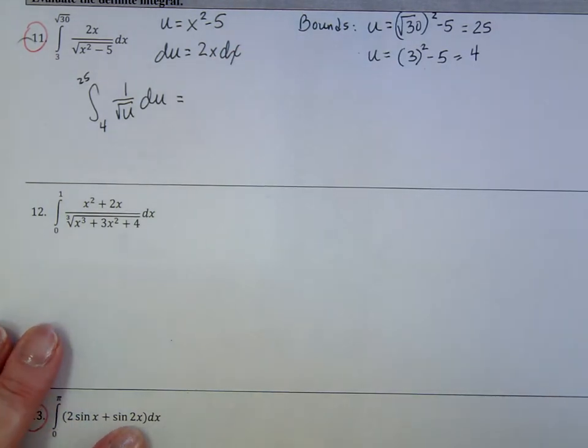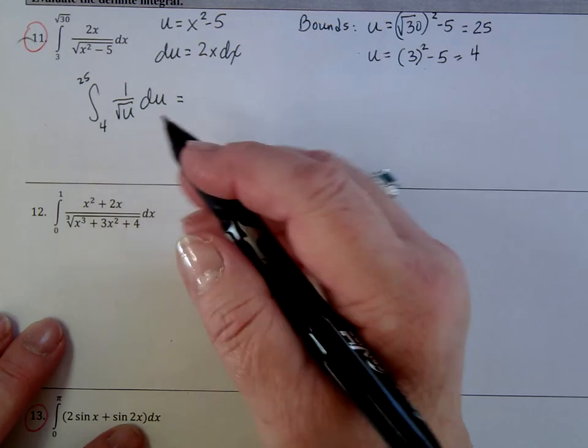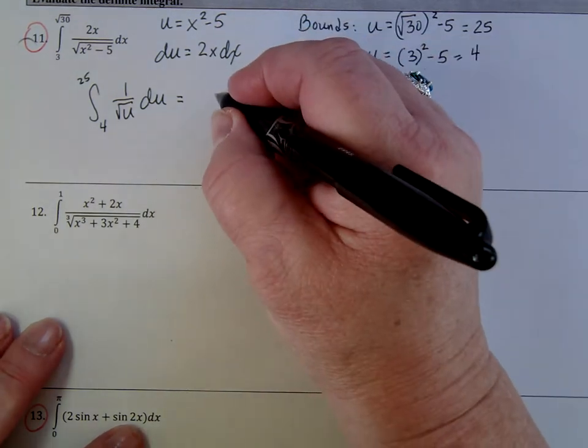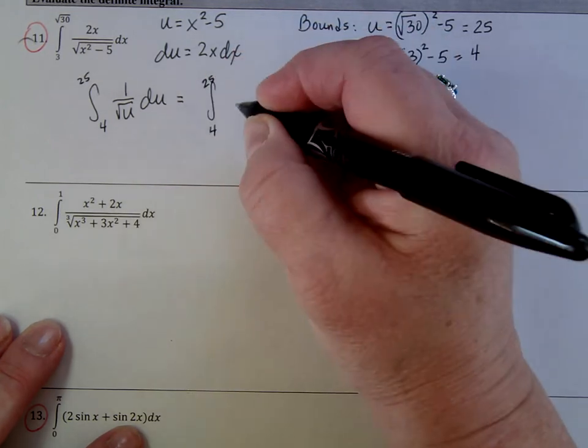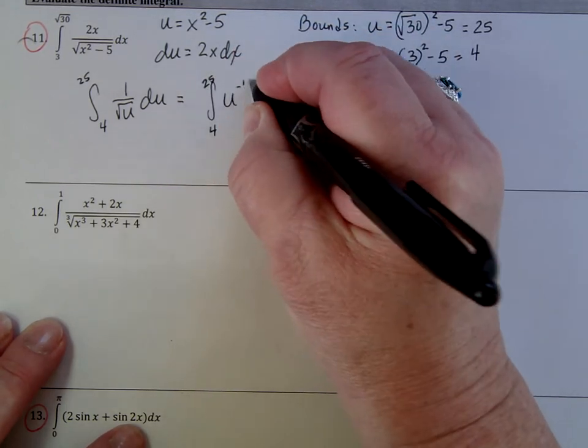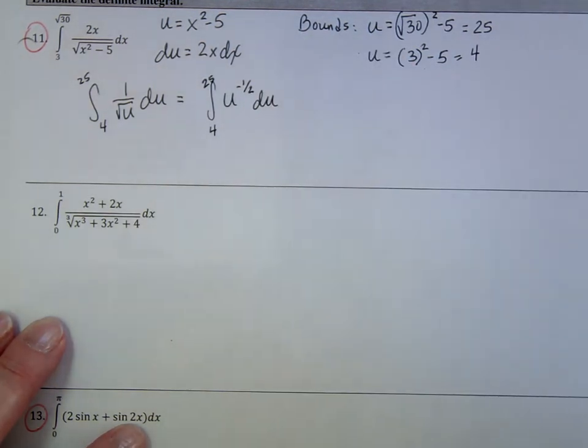Now, in order for us to integrate, it's going to be easier for me not to have this as a root, so I'm going to change it into its fractional power. I have an integral going from 4 to 25, but this is really like u to the negative 1/2 du. It's a square root, but it's in the denominator, and therefore you have to say negative.